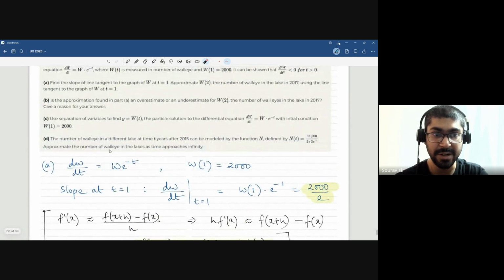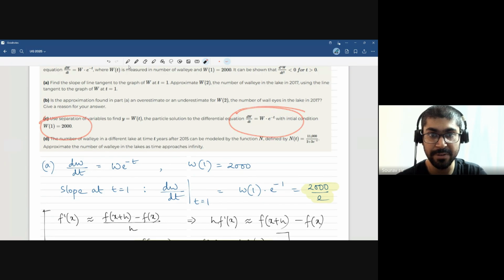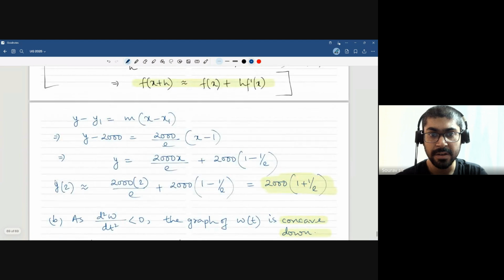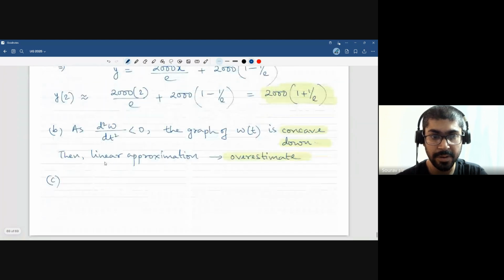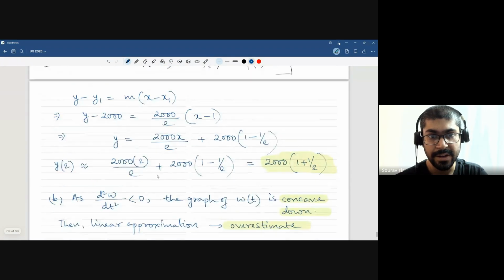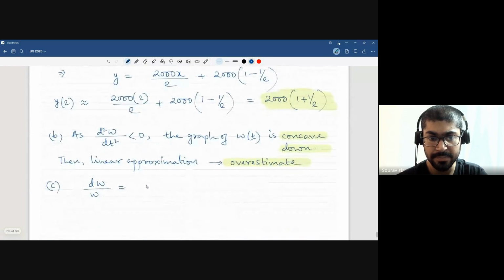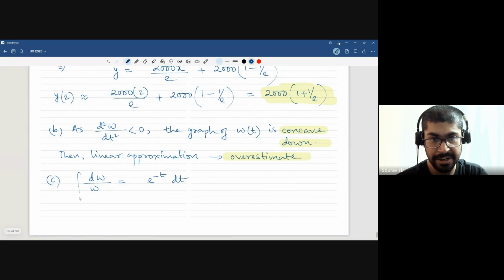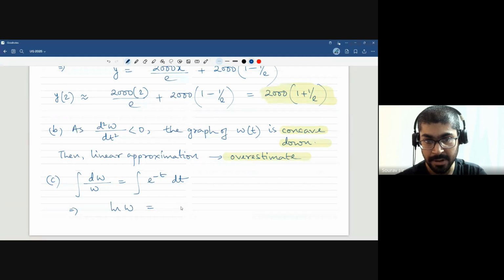Part C was the actual differential equation. Use separation of variables. They have given their method also to find the solution with the initial condition W(1) equal to 2000. Okay? Let us solve it. So I have dW/W equal to e to the power minus t dt, integrated, and we'll have ln W equal to minus e to the power minus t plus c.